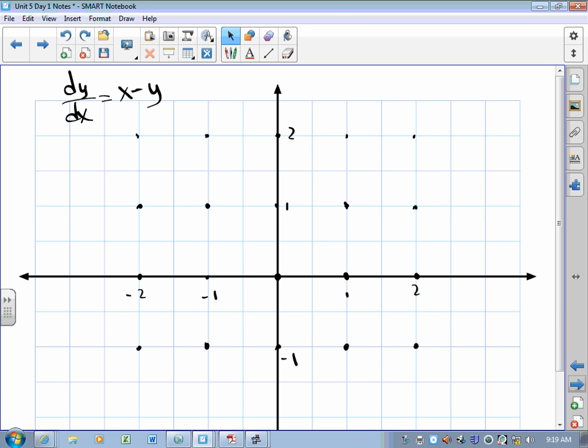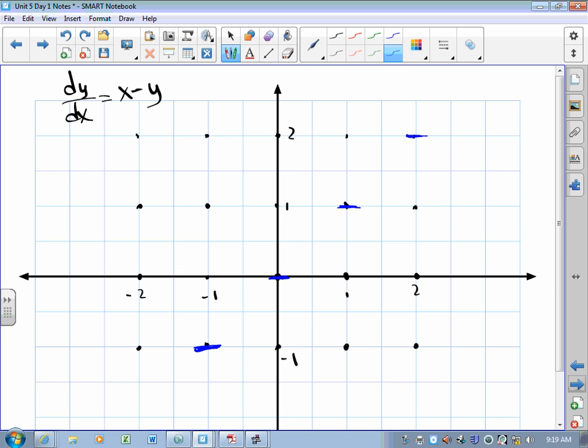Well, at the origin, the slope is 0. In fact, everywhere on the y equals x line, the slope is 0. And then it's just up to us to go from one point to another and ask, what is the slope of the tangent line at this particular point? So I'll fill it in from left to right.